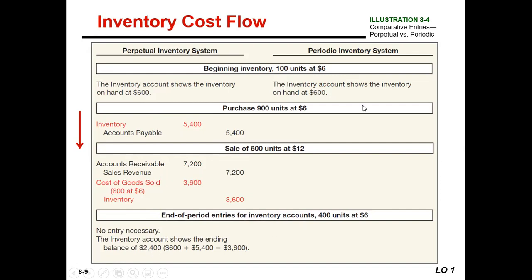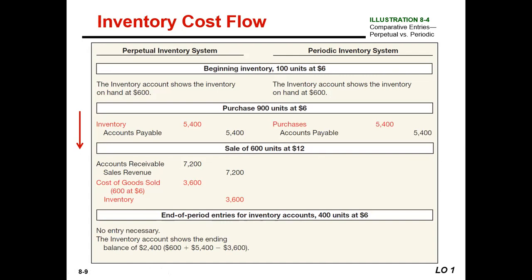Okay, that's perpetual inventory. On the other hand, under the periodic inventory system, the inventory account, beginning with $600, would be the debit balance in the inventory account. We purchased 900 units at $6 each, so we're debiting purchases, crediting accounts payable.